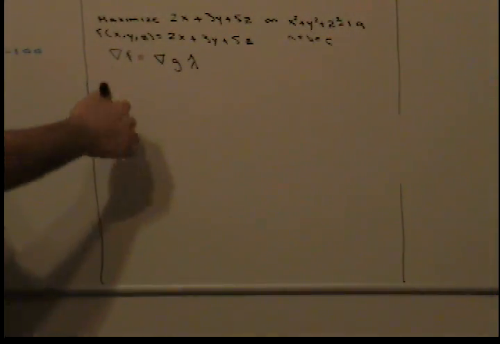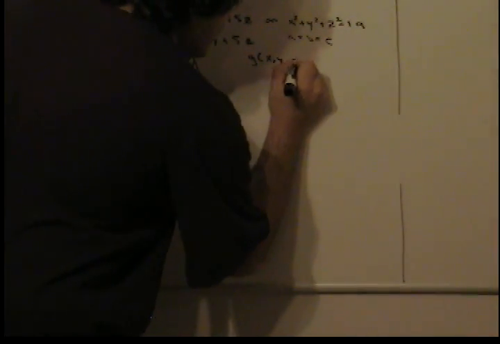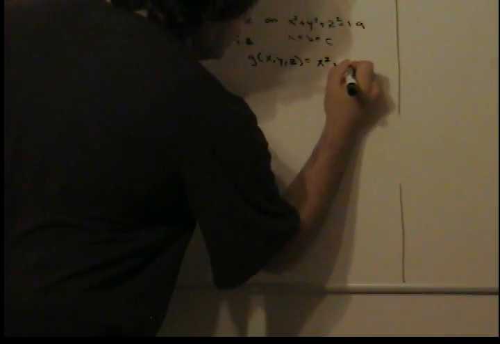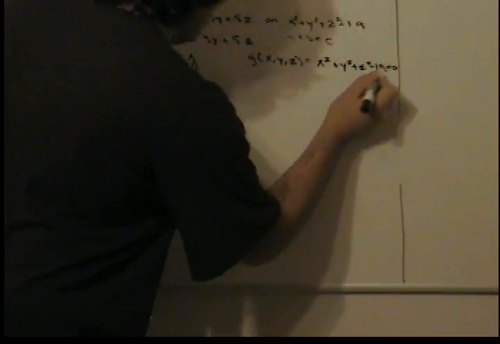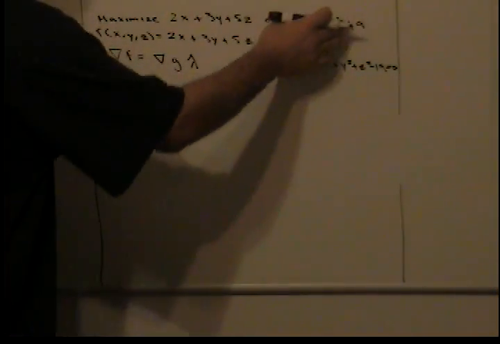And we can call our g of x, y, z equivalent to our sphere, x squared plus y squared plus z squared minus 19 equals 0. So what you're maximizing, call that your f function, and what you're maximizing it on, call that your g function.